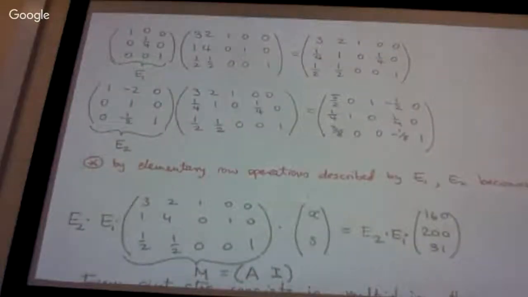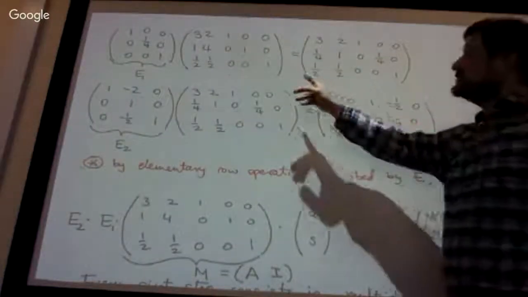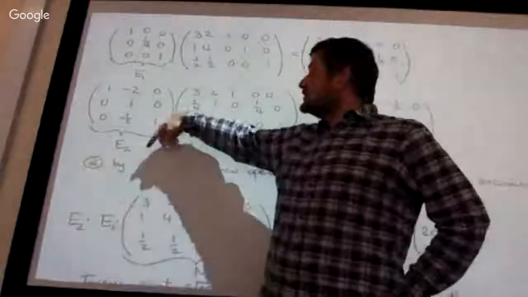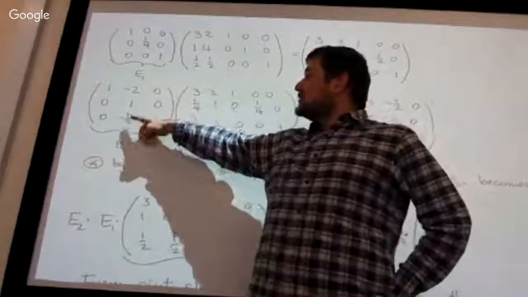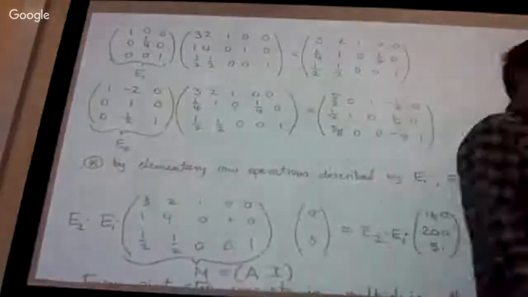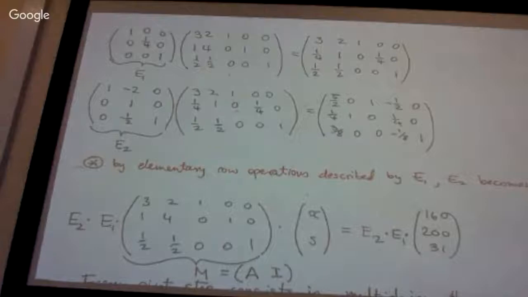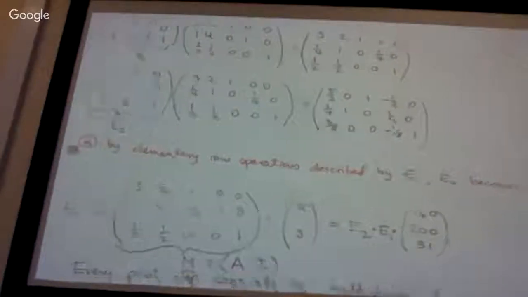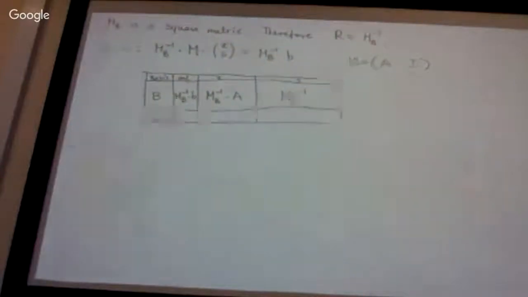So for example, when we wanted to divide the second row by 4, that was the matrix we used. When we wanted to do some multiples of the second row added to, or subtracted from, the first row to the third row. Okay, pretty happy about this. Now, what happens in the objective row?